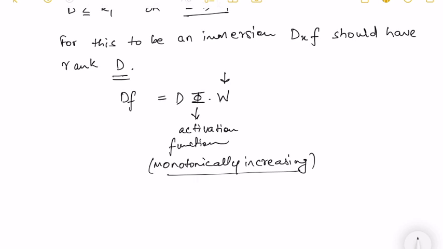So overall, what we want to show for this to be an immersion is whether the weight matrix W has rank d or not, right? Okay, and that is relatively easier to calculate.